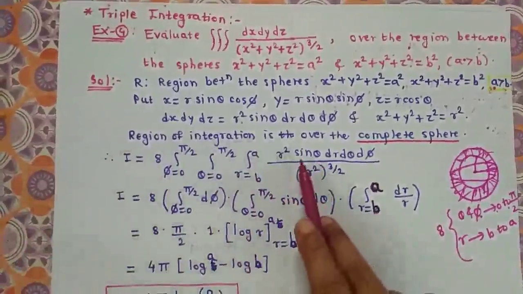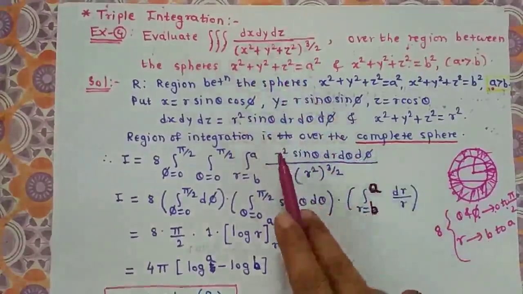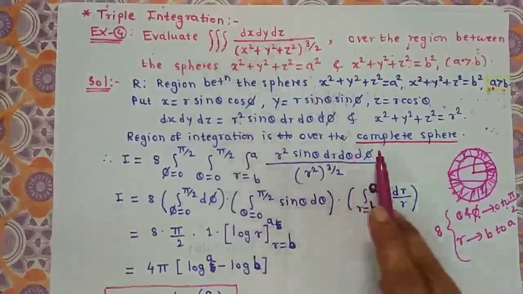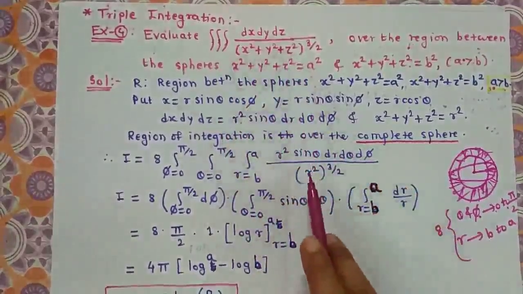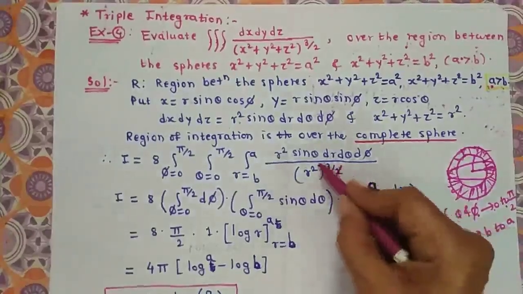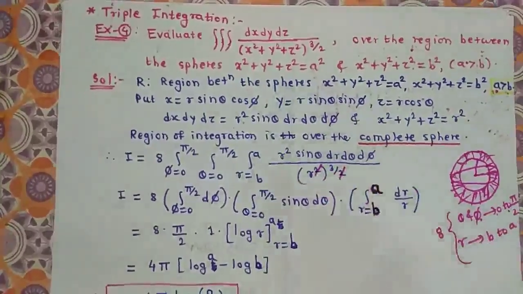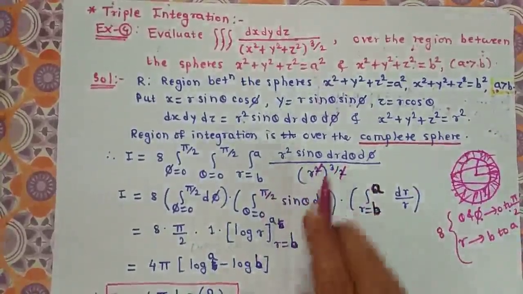And our integrand dx dy dz is replaced by r square sin theta dr d theta d phi, upon x square plus y square plus z square, which is replaced by (r square) raised to power 3 by 2. Now here the power 2 gets cancelled. So simply r square upon r to the power 3 remains, right?